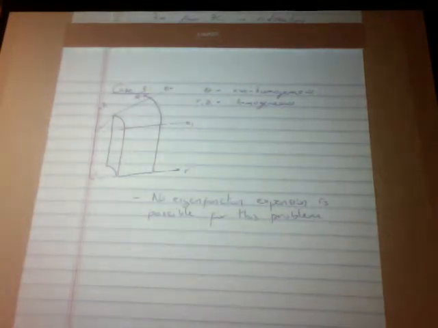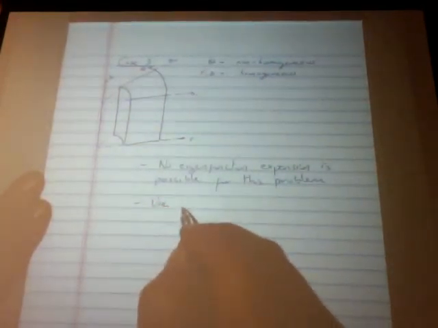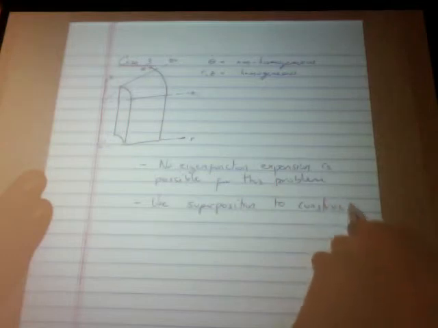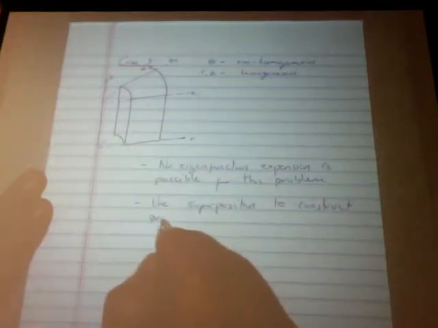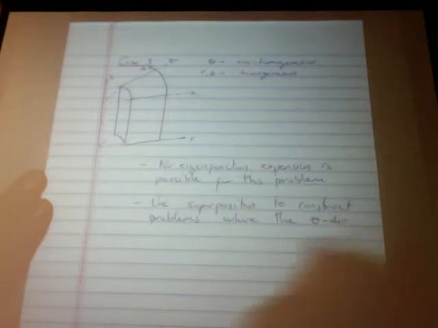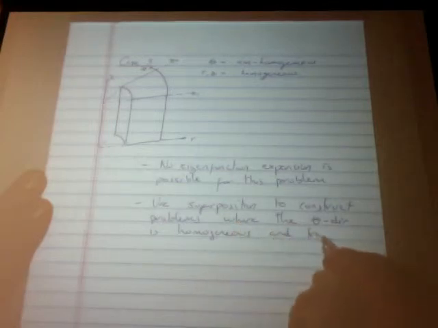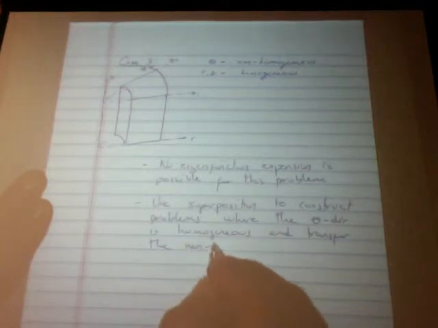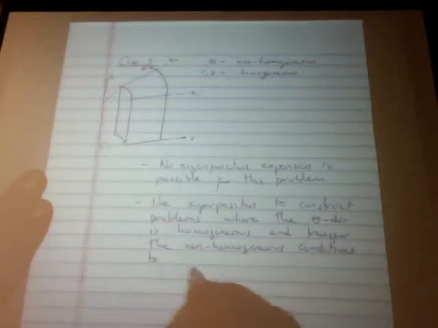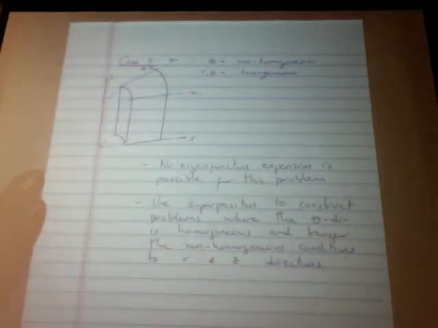So the only way to find an analytical solution for this problem is to use superposition to construct problems where the theta direction is homogeneous and transfer the non-homogeneous conditions to R and Z directions. That is possible under certain circumstances.